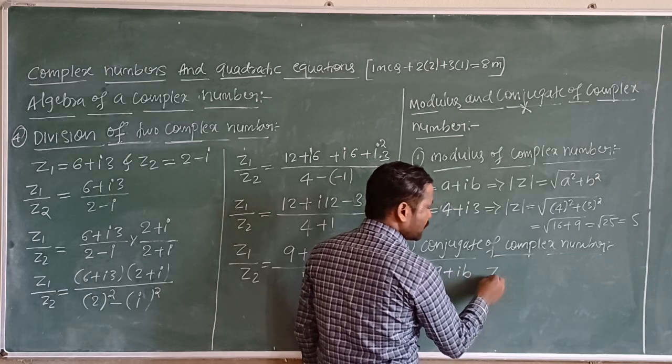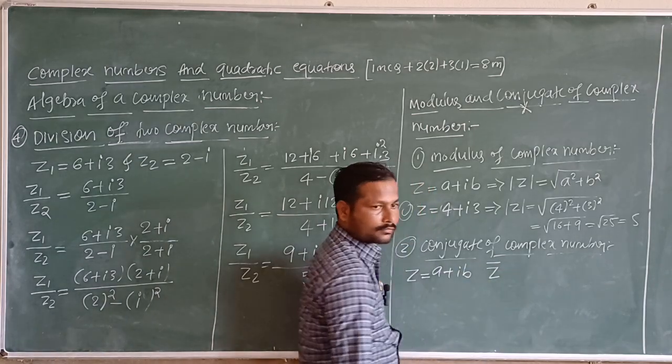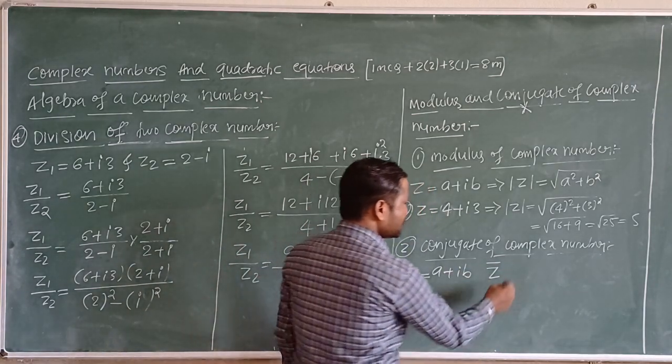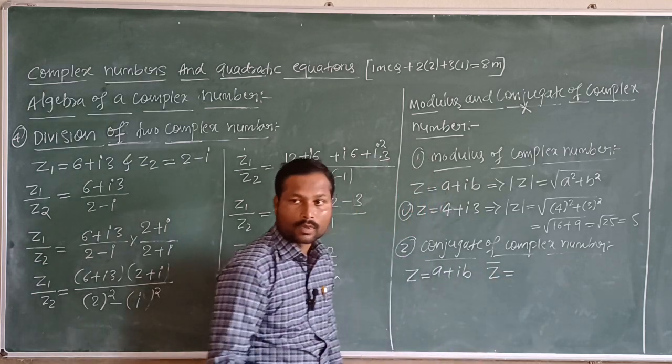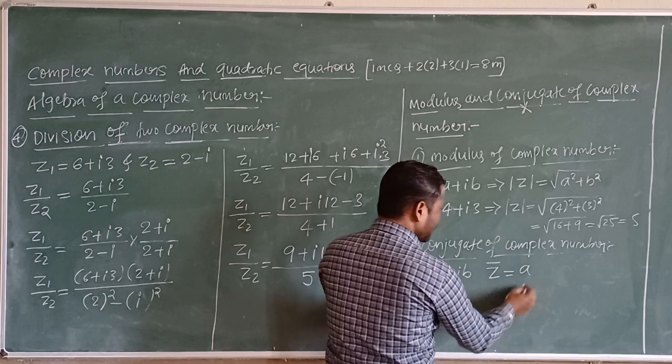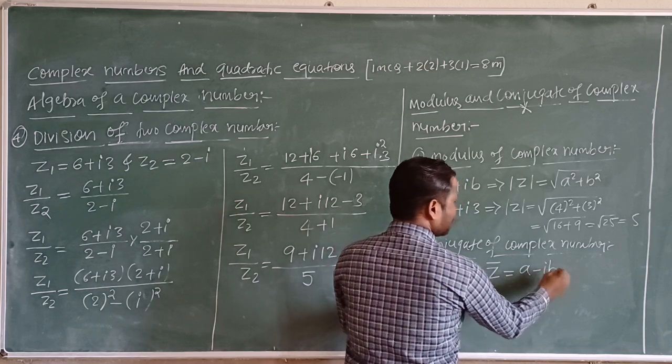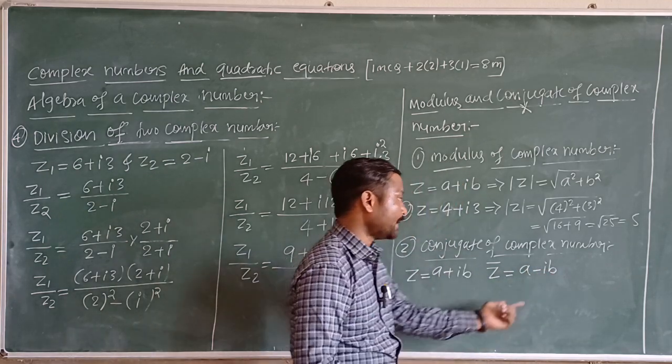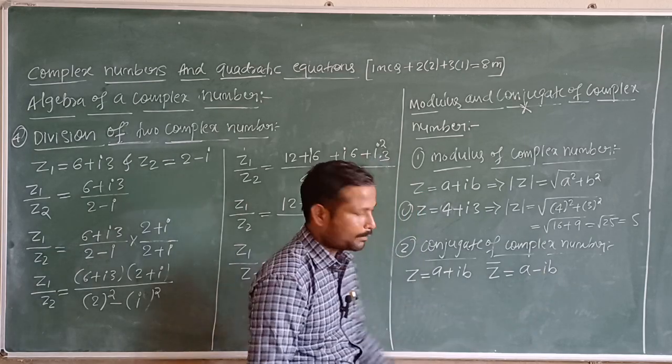The conjugate is denoted by Z bar. For conjugate, only change the middle symbol. A as it is, plus becomes minus ib. So the conjugate of a plus ib is a minus ib.